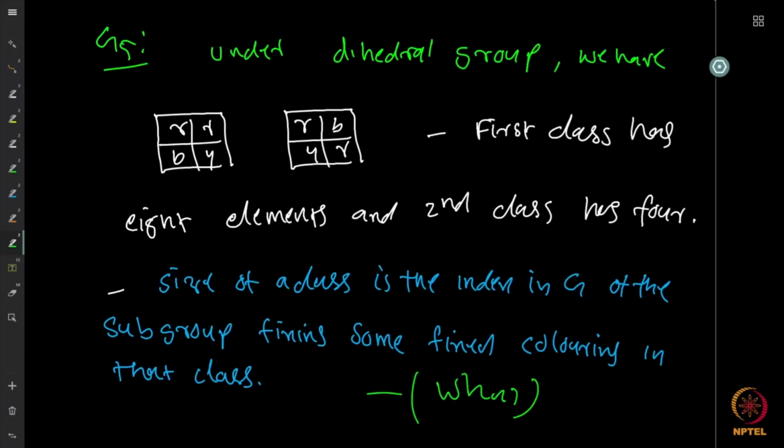So when I said that the size of a class is the index in G, what I meant is that if you look at a subgroup of the group that we are looking at, you take the subgroup and look at the number of cosets this subgroup has in G, right? So that is called the index.